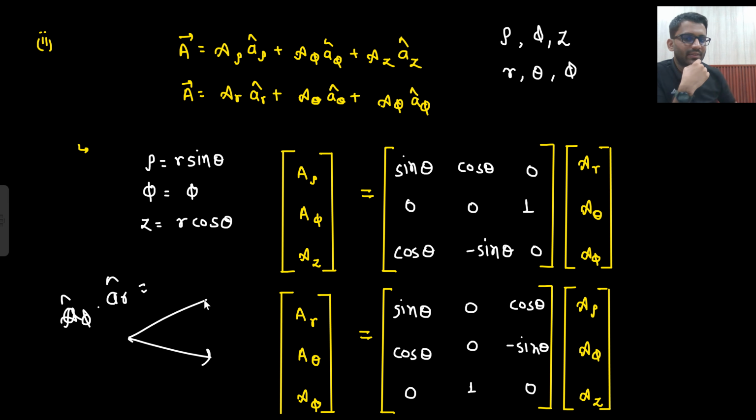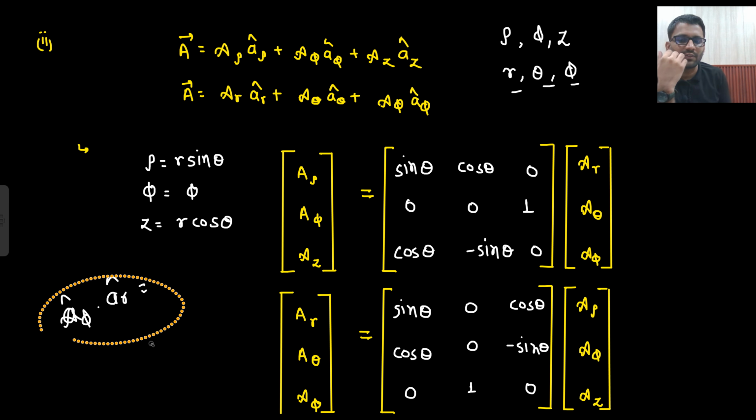A phi and AR cap have no relation, a 90-degree angle will be there, no? Because A phi and AR are perpendicular to each other. R theta phi: phi and R are perpendicular to each other. So AR dot A phi will be 0. Right? So this I can think in the examination. It is not that tough.